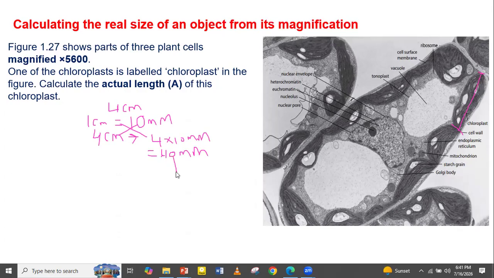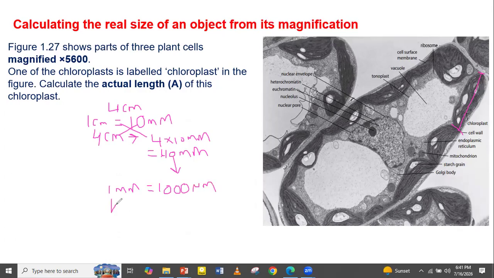So go ahead and turn this to micrometers. I know that 1 millimeter is equivalent to 1,000 micrometers.